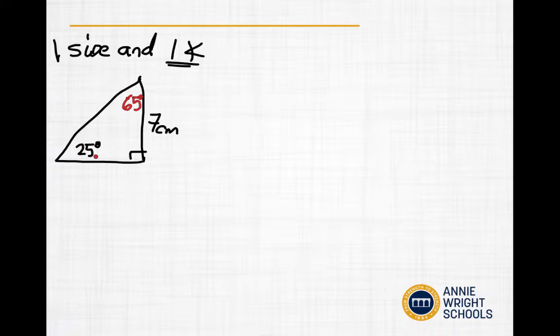But if I had asked you to find this side here, x, or this side here, z, we're not going to be able to use the Pythagorean theorem because we only know one side.